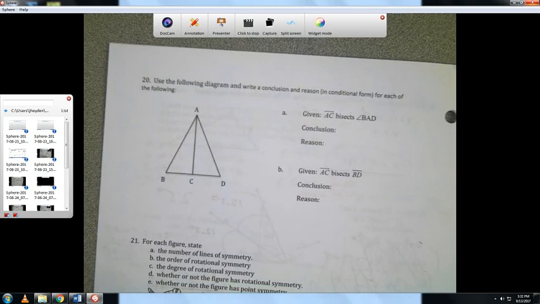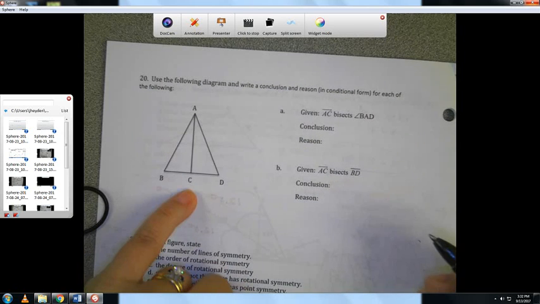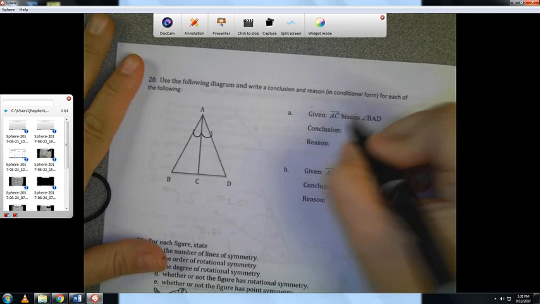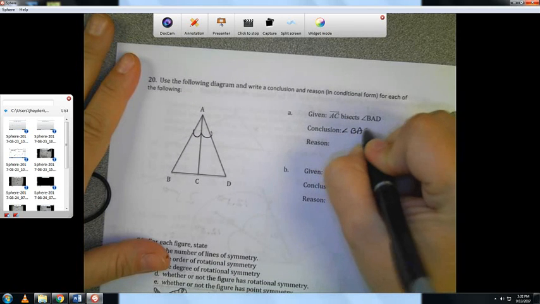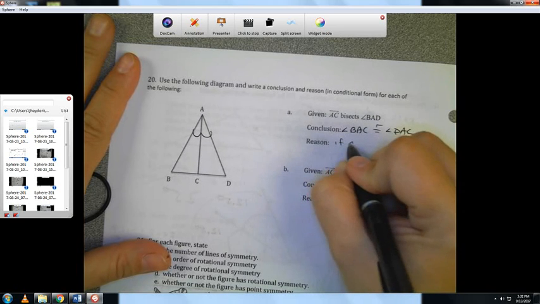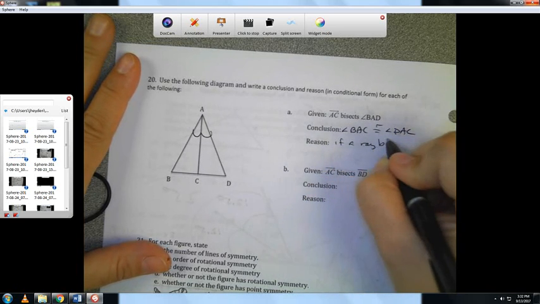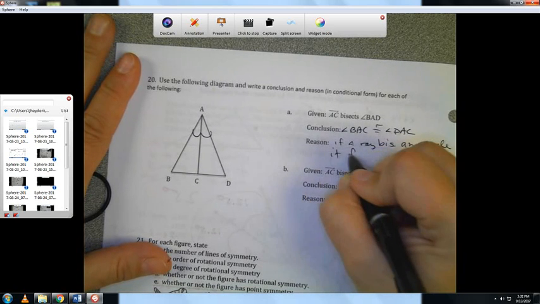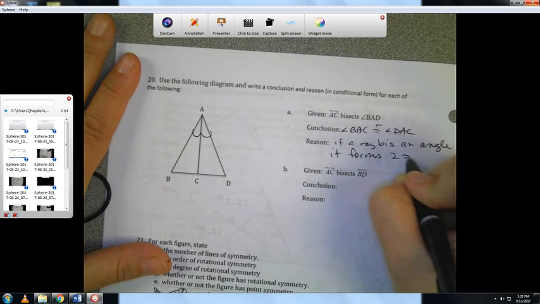Okay, so given AC bisects angle BAD, BAD is an angle, so these 2 angles are congruent. Angle BAC is congruent to angle DAC because if a ray bisects an angle, it forms 2 congruent angles.